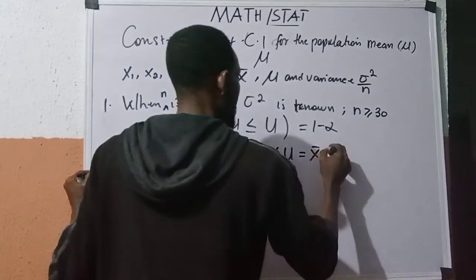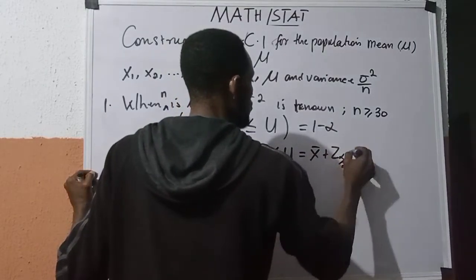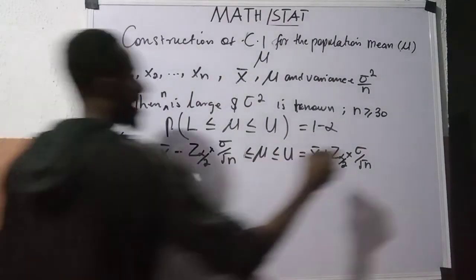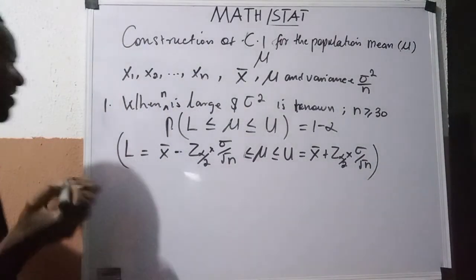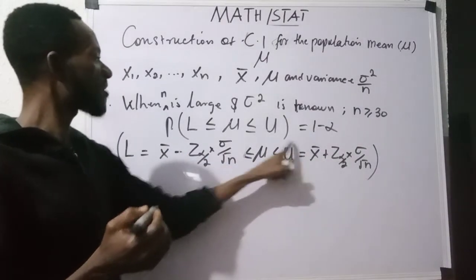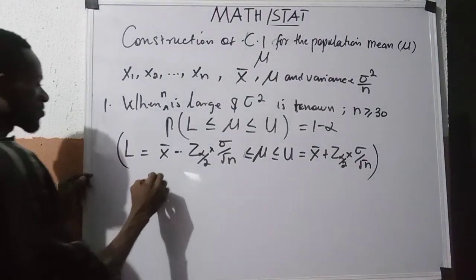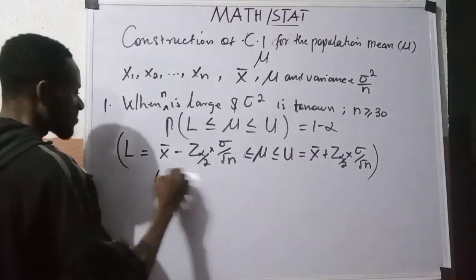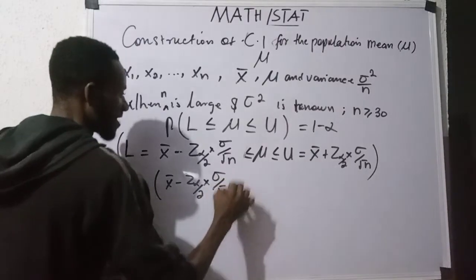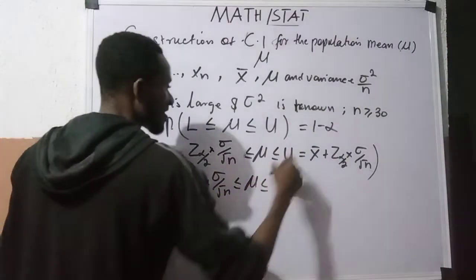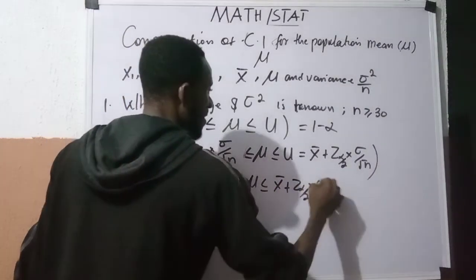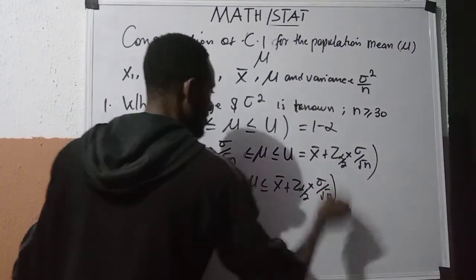So you have x bar plus z of alpha over 2 multiplied by sigma over square root of n. Of course, L equals this and U equals this, so you can easily drop L and U entirely. What you have is x bar minus z of alpha over 2 multiplied by sigma over square root of n, less than or equal to mu, which is less than or equal to x bar plus z of alpha over 2 multiplied by sigma over square root of n.